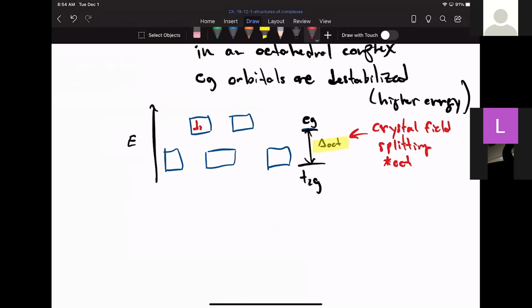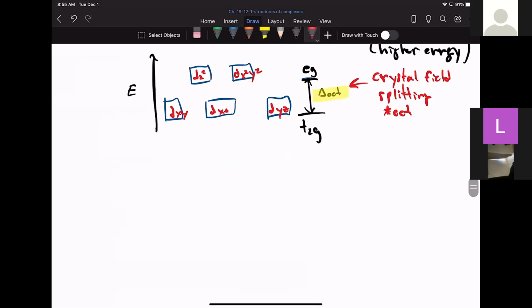So this is my dz squared, this is my dx squared minus y squared, then we have dxy, dxz, dyz. So the crystal field splitting is the difference in the energy levels of those eg orbitals and those t2g orbitals.